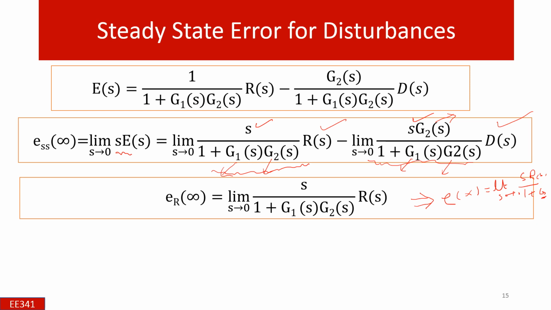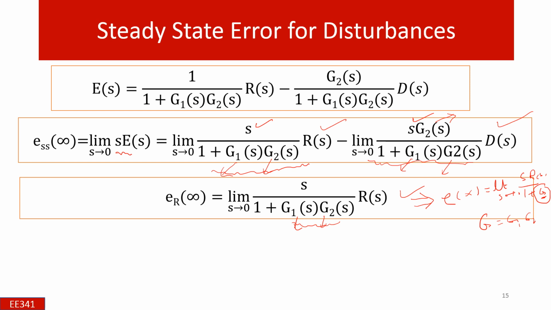Here G of s is replaced by the product of two transfer functions, G1 and G2, one representing the controller and the other representing the plant of the system. In the last lecture we already found the value of G. Here G is equal to G1 times G2. It is a similar case, already discussed in detail.